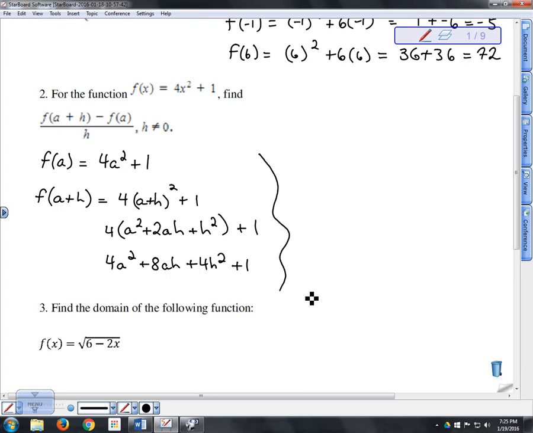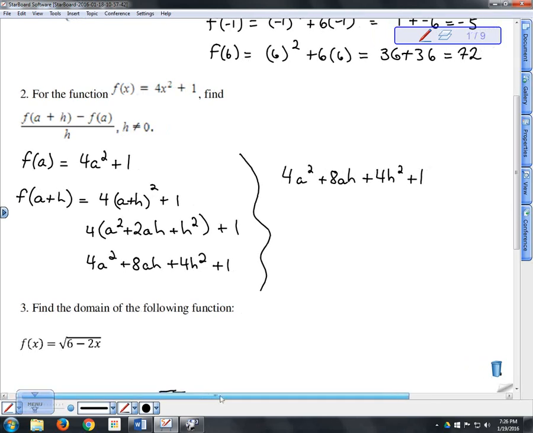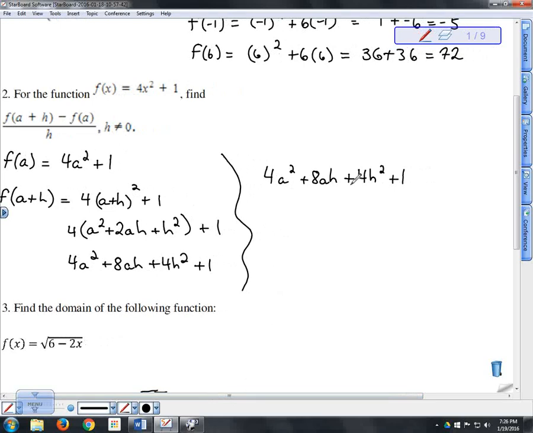So putting this all together now, using this as a pattern, f of a plus h, which is this, and then you subtract f of a, so subtract 4a squared plus 1, all over h.